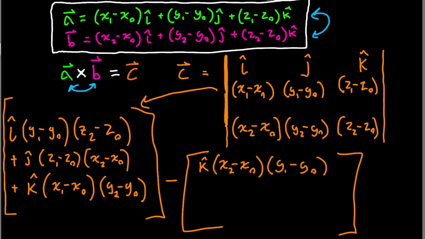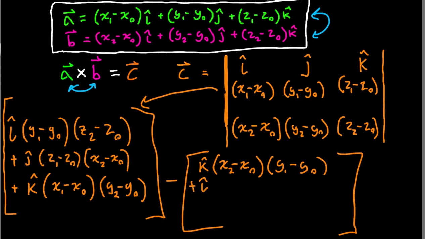I know this is starting to look pretty big, but we'll get through it. Now we have plus j times, what are we looking at here? Let's make sure we go in decent order. So I'm going to start with i.